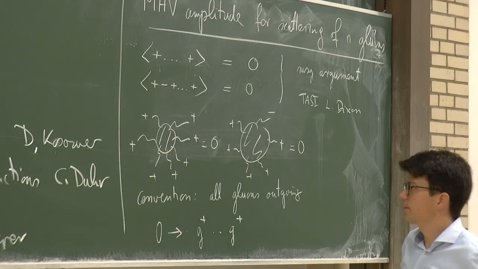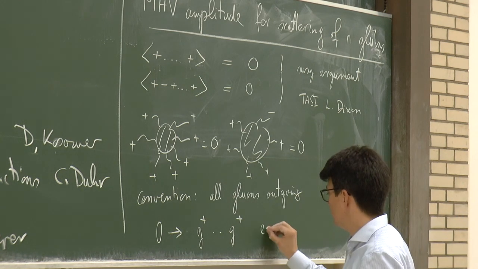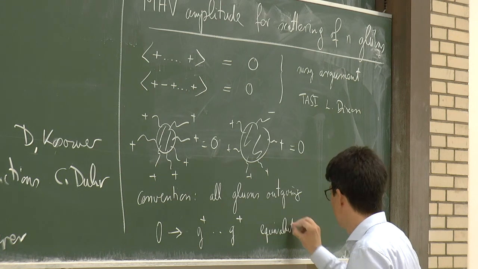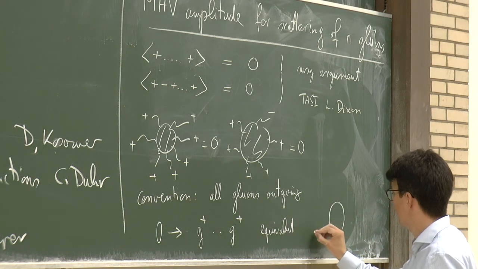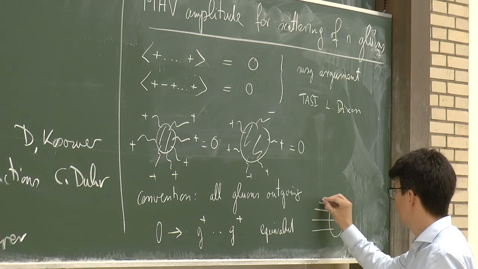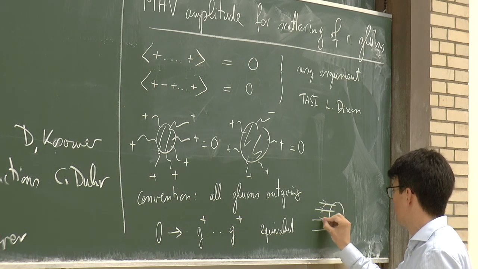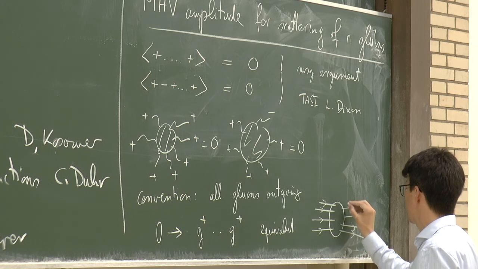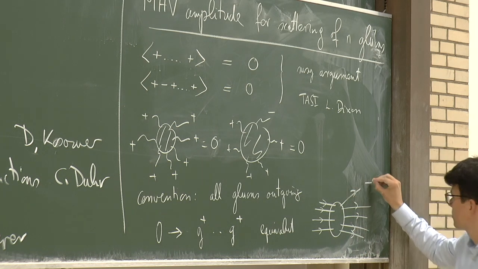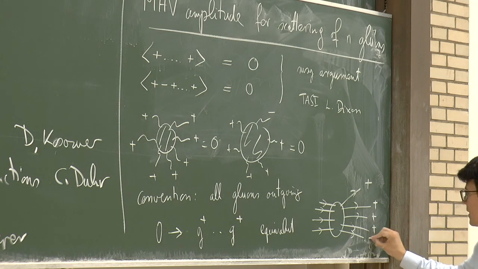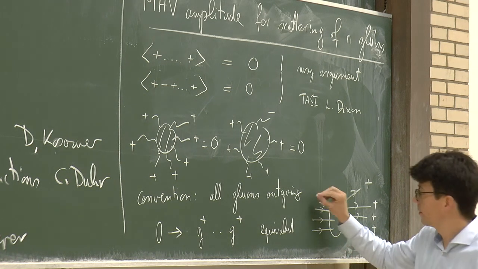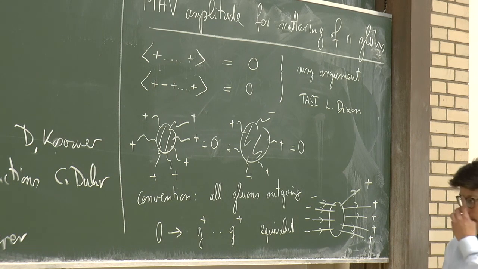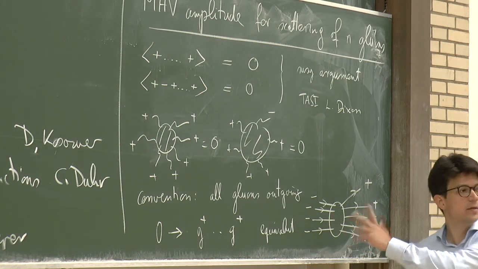So it's equivalent to saying we have a bunch of ingoing particles and a bunch of outgoing particles. It doesn't have to be necessarily the same number. So outgoing ones still have the plus helicity convention, but the ingoing ones now have negative helicity because we flip the direction of the momentum.